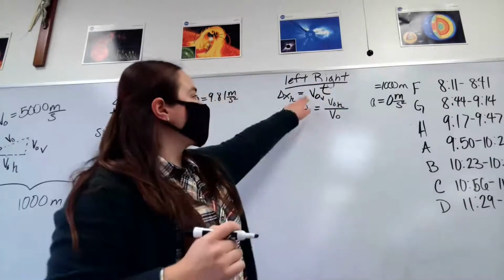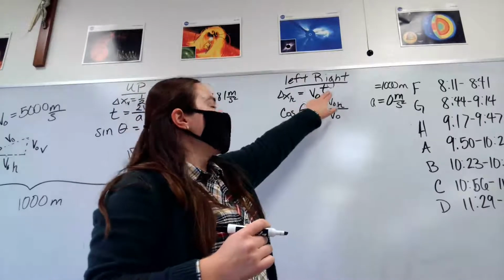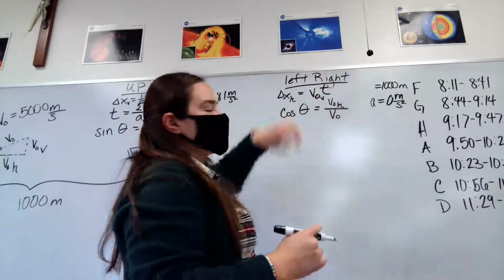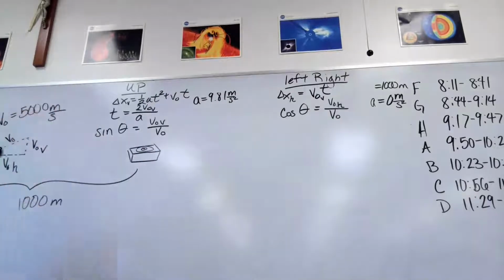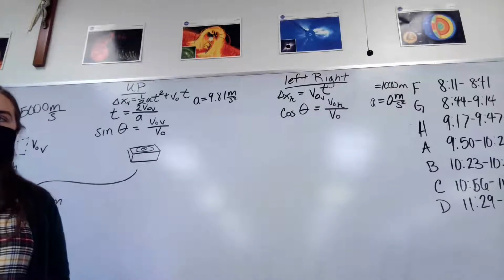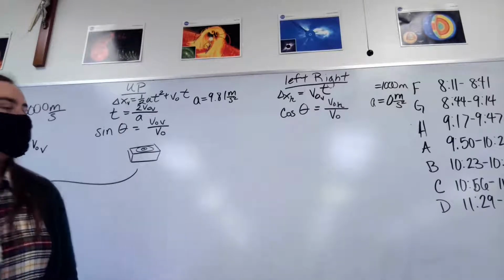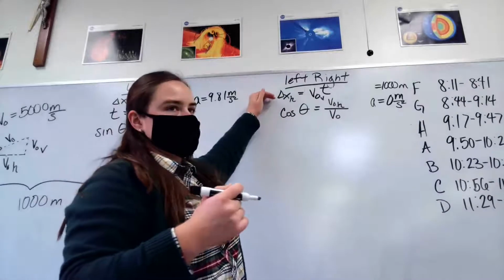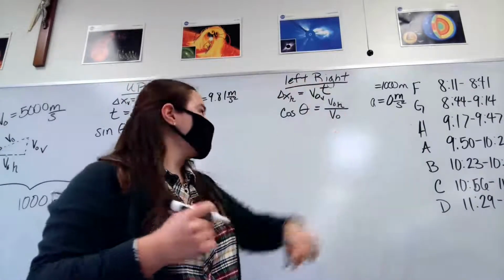Okay, so this is our horizontal velocity and our time, and we know our change in position horizontally, so we know it's 1,000 meters to the target. Okay? Good? So when we get nice simple equations like this, it's a good thing.